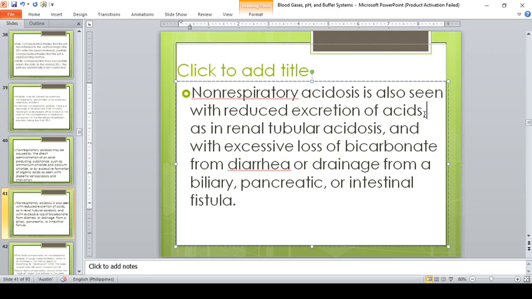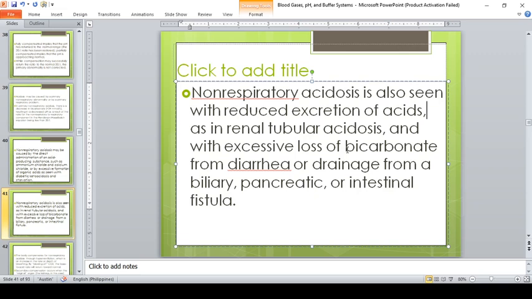So, kung mababa yung na-excrete na acid, ano mangyayari sa acid? Mag-accumulate. So, pag nag-accumulate, ano mangyayari doon? Magkakaroon ng acidosis. Kagaya na lang ng renal tubular acidosis, that may also lead to non-respiratory acidosis, and with excessive loss of bicarbonate. So, kapag sobrang daming na-eliminate na bicarbonate, anong mangyayari sa acid-base balance?